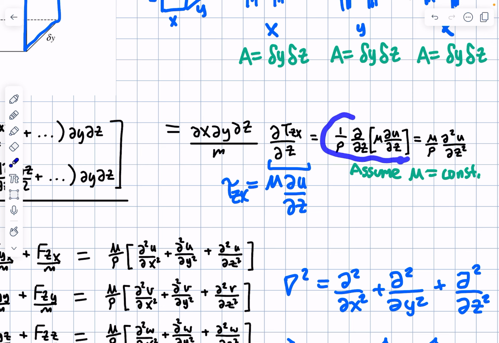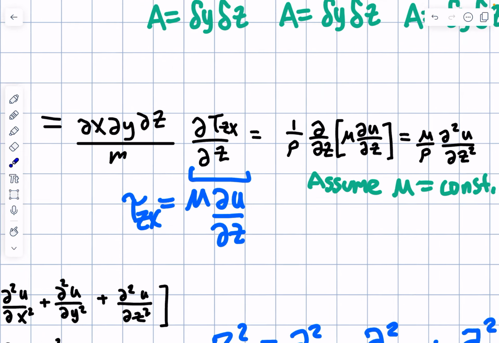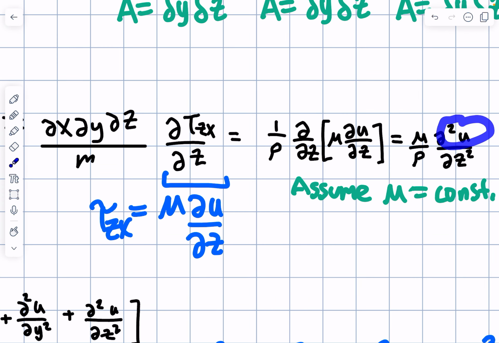However, if you want to be more accurate, this is the truly accurate version. However, mu is very hard to calculate for real situations such as air in the atmosphere. So usually we use a calculated constant value, and for the most part it's pretty accurate. And that will give us a double derivative of u over partial z squared.